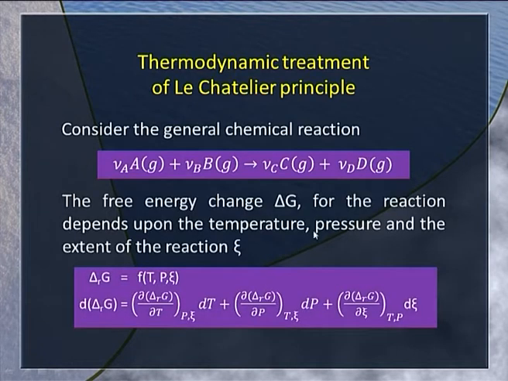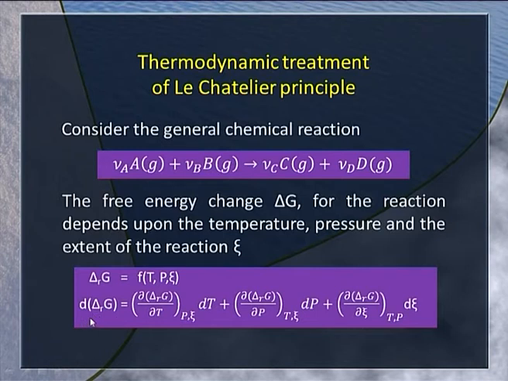The free energy change is going to depend upon the temperature, pressure and extent of the reaction. The extent of the reaction we have already discussed in earlier classes. So, the extent of reaction is dependent on delta G.